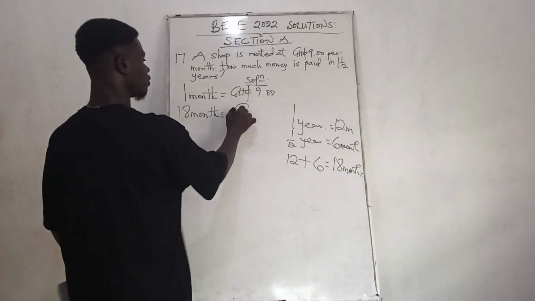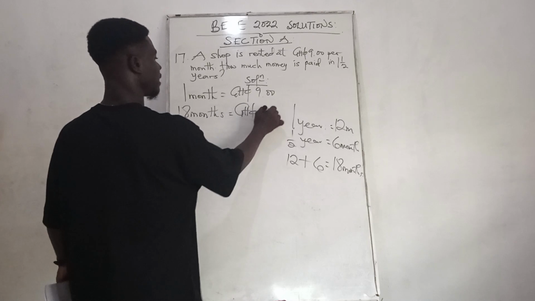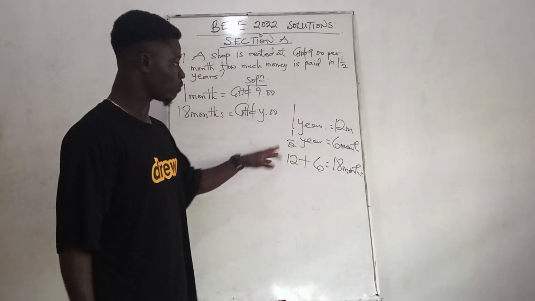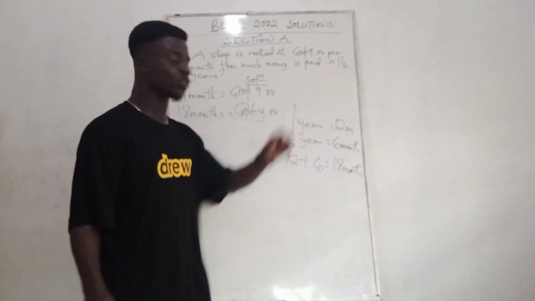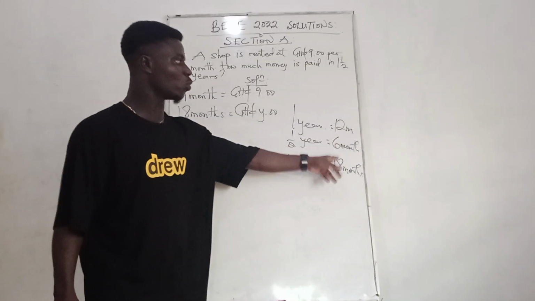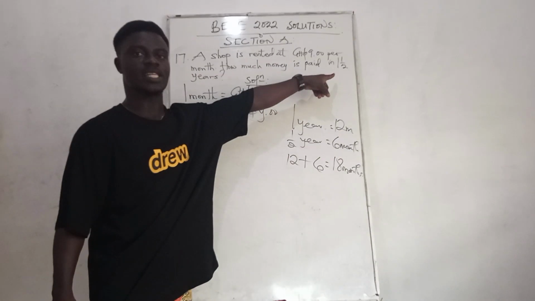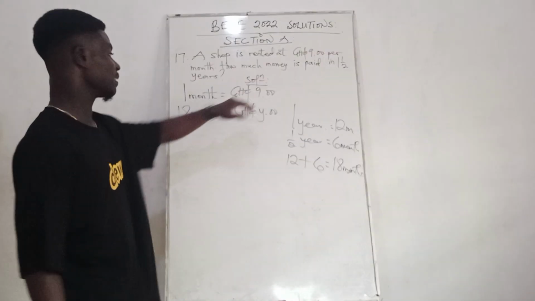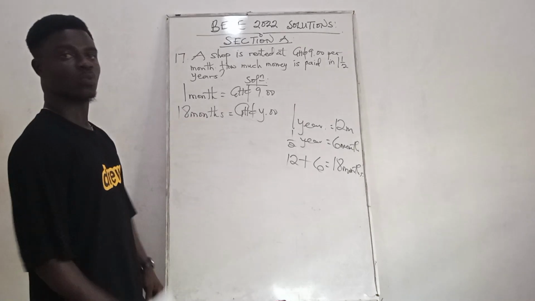So I have my 1 year, which is 12 months, then half a year, which is 6 months or semi-annual. Then 12 plus 6, we want the total amount for 1.5 years in months, which is 18 months. And you know that 1 month is 9 Ghana cedis. So 18 months will be y Ghana cedis.